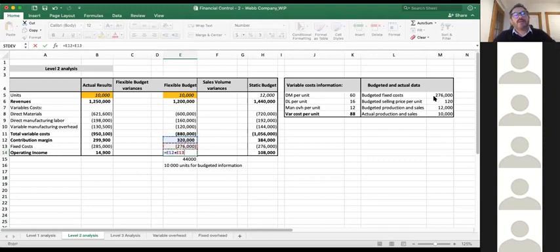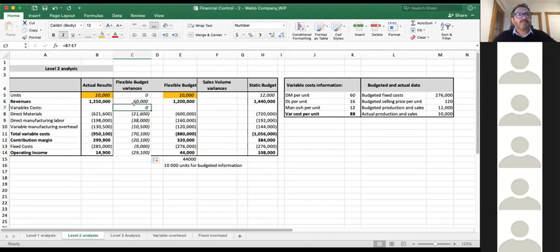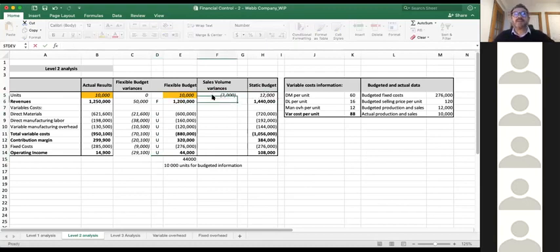So your colleagues who shared the answer find 44, which is correct. And now we just have to do the difference. So I try to save some time here. So that's favorable. That's unfavorable, unfavorable, unfavorable, unfavorable, unfavorable. And for the sales volume variance, we have this minus this.